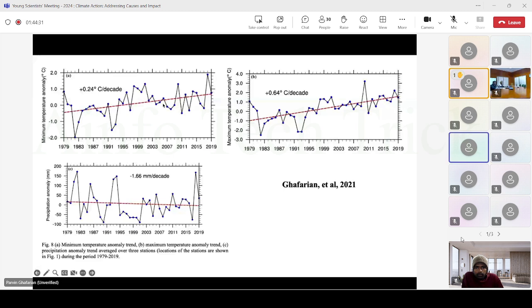And the precipitation change is decreased, but this trend is not significant.